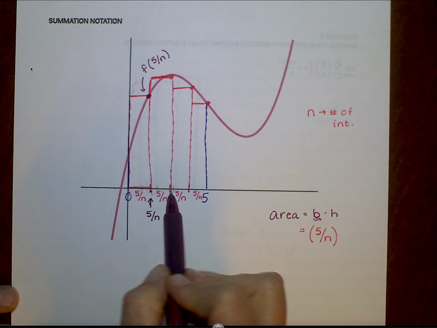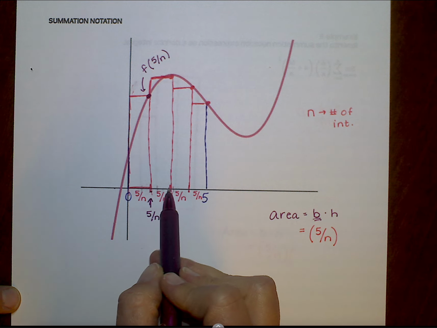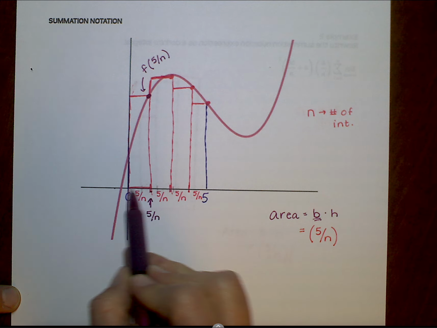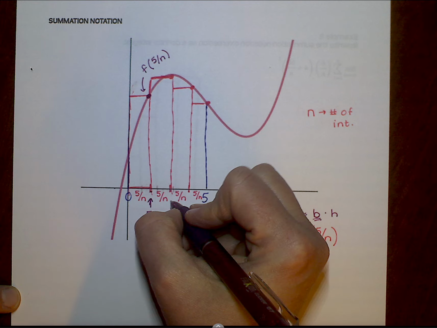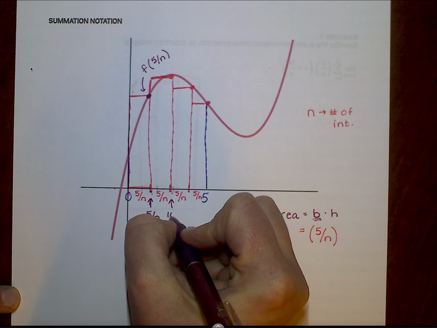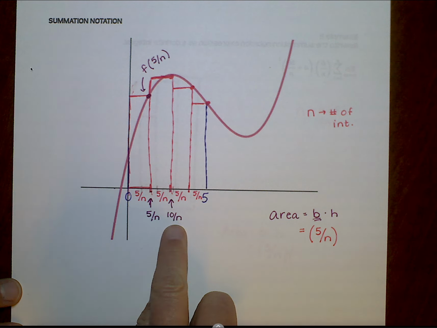So then what is this value? Well, I have moved by 5 over n twice. I've moved it once and then a second time. So I could call this 10 over n, but I'm going to write it a slightly different way.